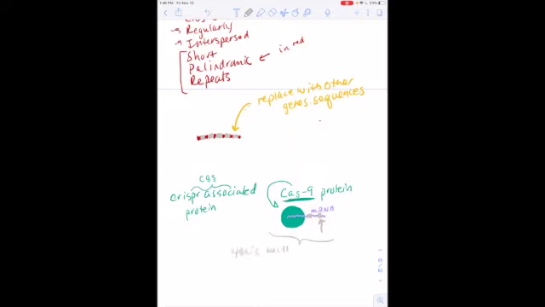This will cut out the gray gene sequence. It's wild. So this is huge.